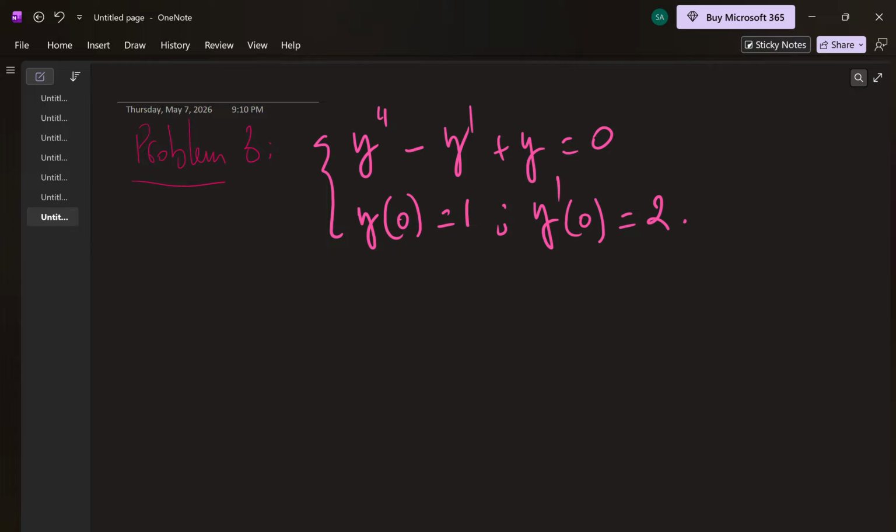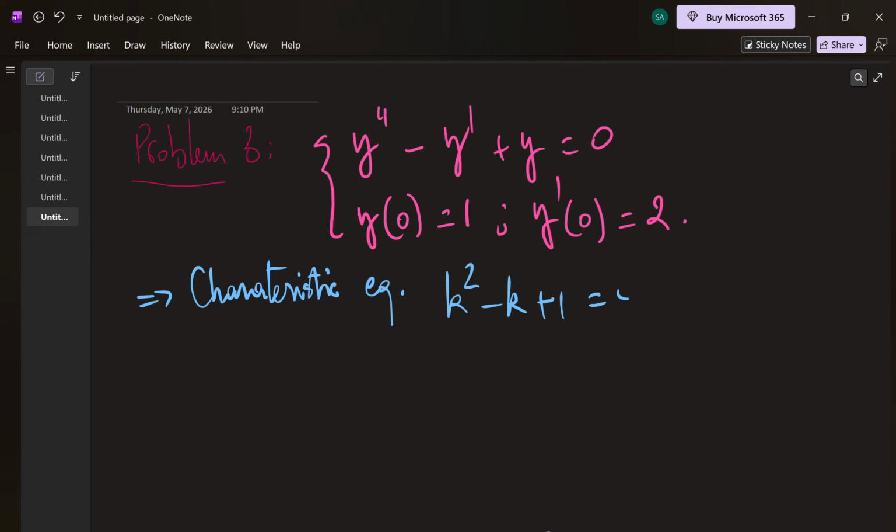Now we will solve it. So we compute delta. The characteristic equation is k squared minus k plus 1 is equal to 0.